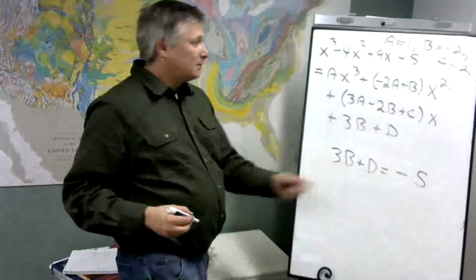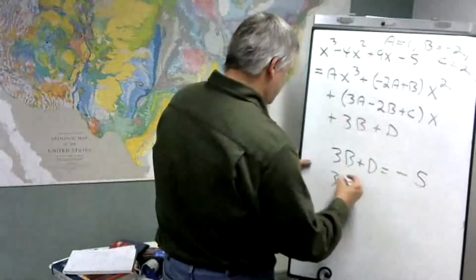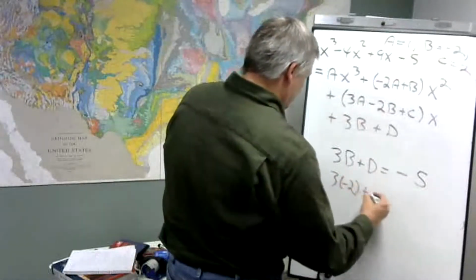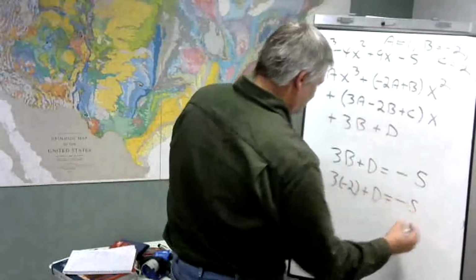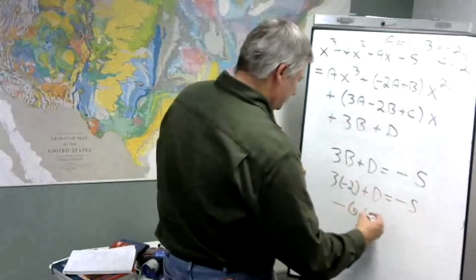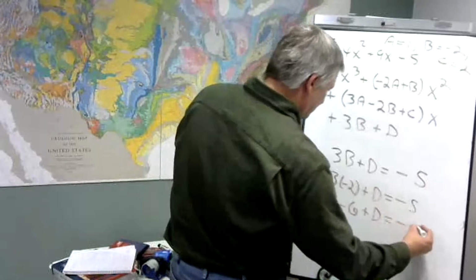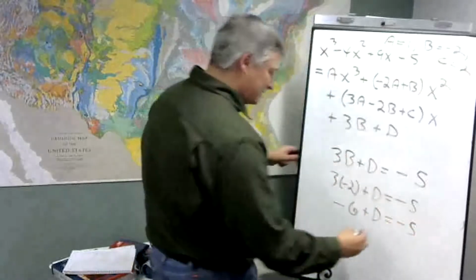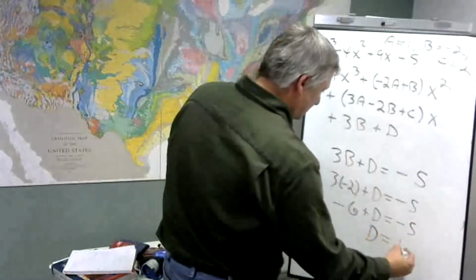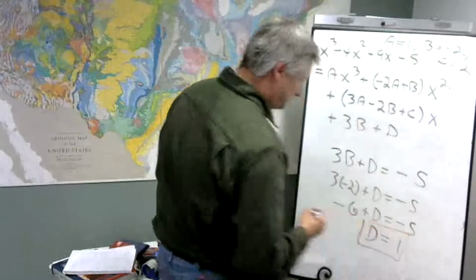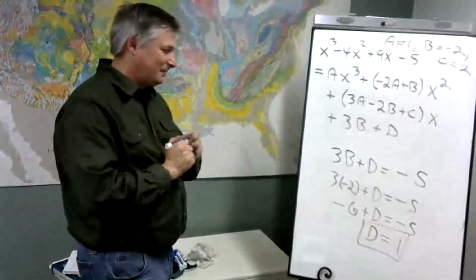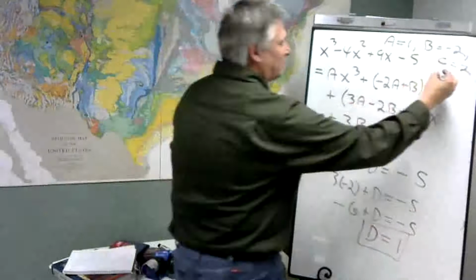Well, we know what b is. B is -2. -6 plus d is -5. Add 6 to both sides. D is going to be 1. So we get d is 1.